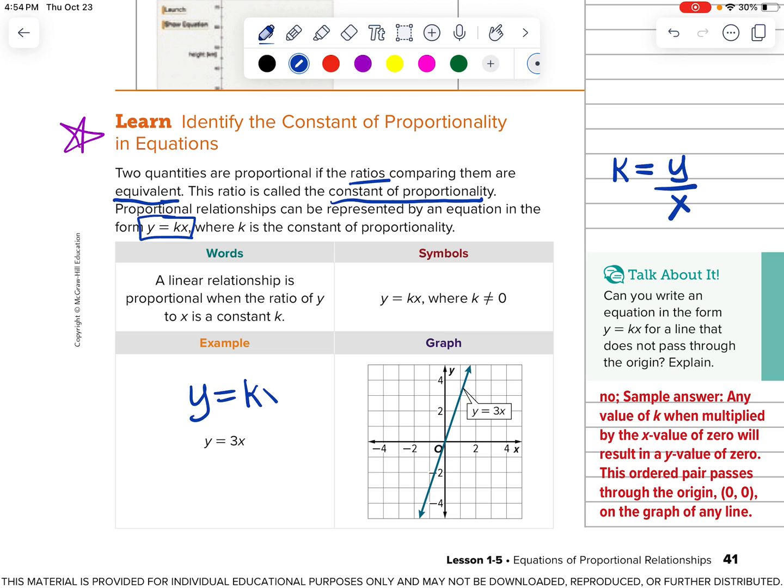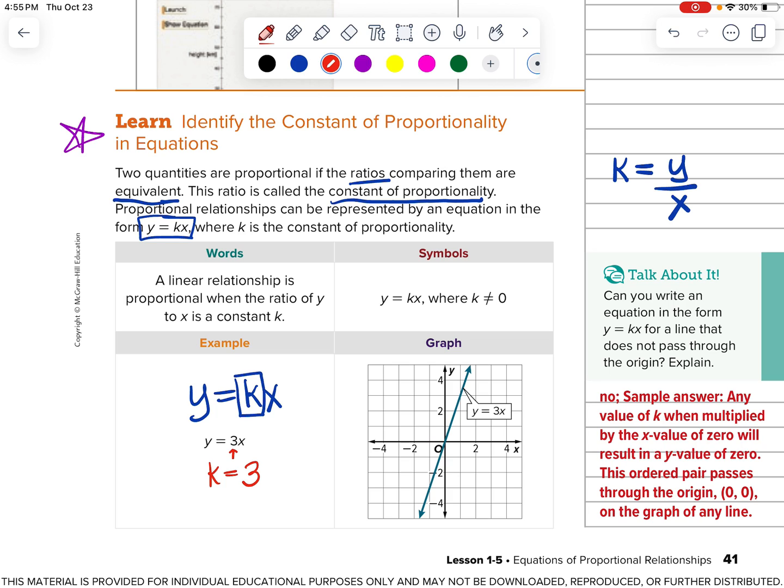So if this is my equation, when we have a proportional relationship, please notice it's y equals k, the constant of proportionality, times x. So if I look at this first example, it says y equals 3x. So the actual k, I just look right here in front of the x, is going to be 3.